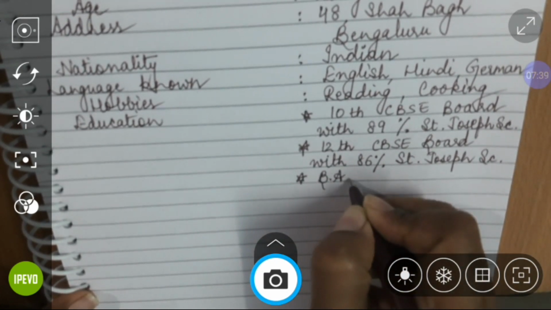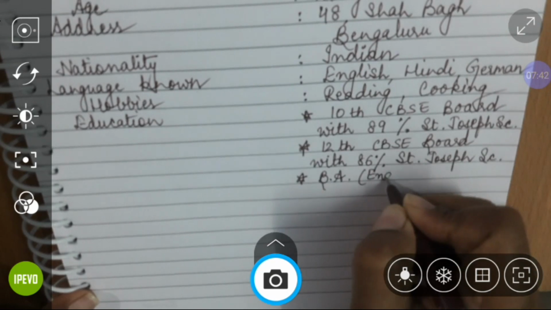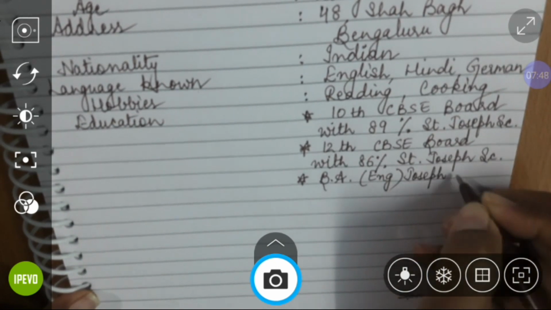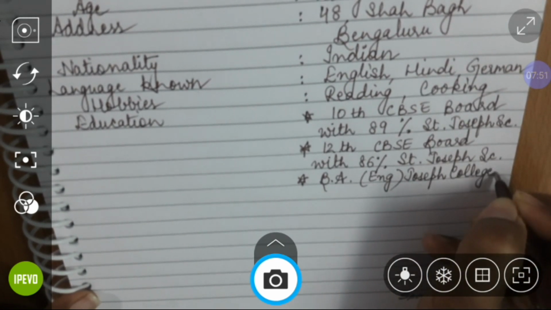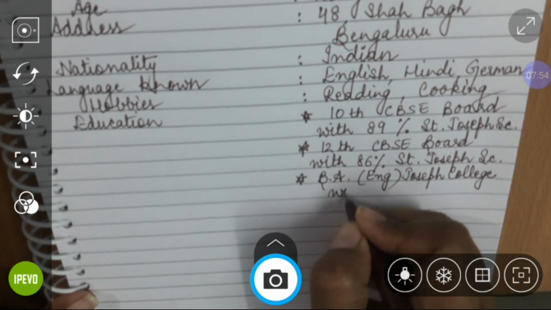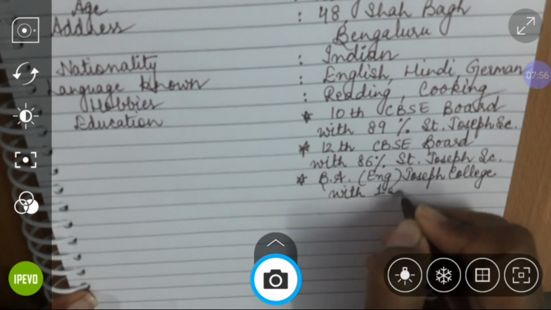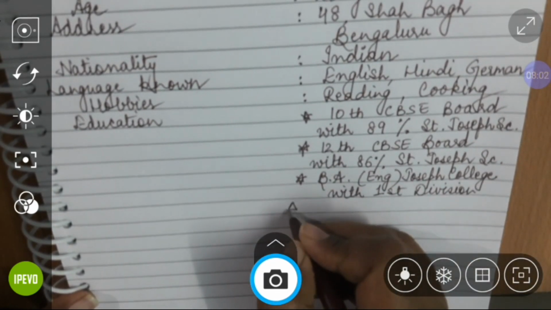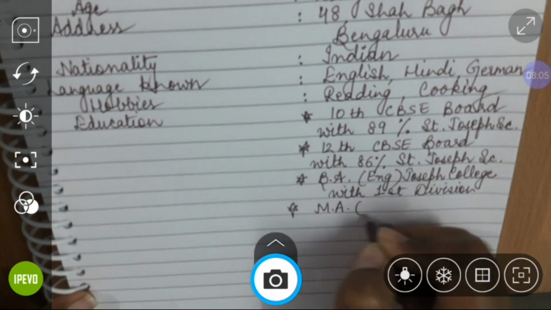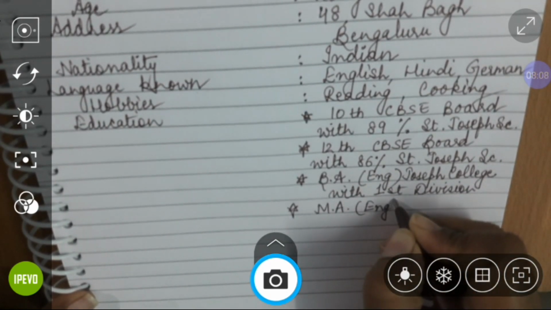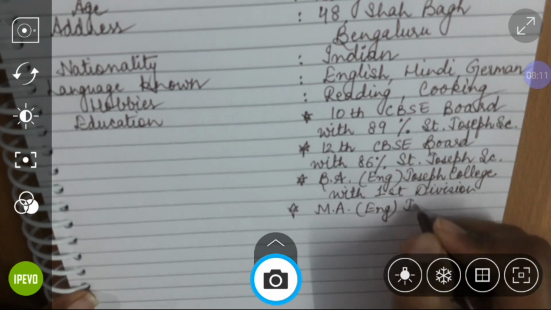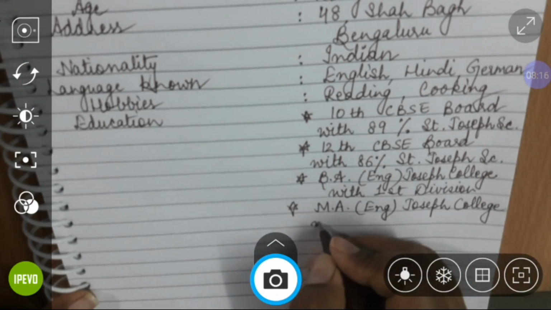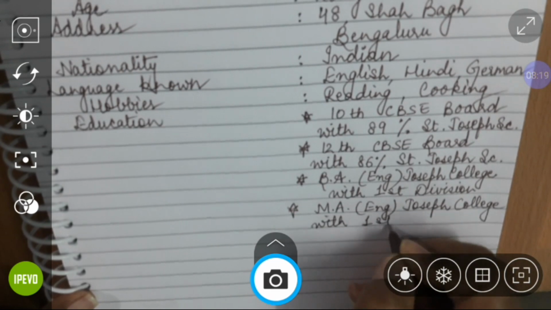Then your BA English, Joseph College, with first division, then your MA English, again Joseph College, you can write any other name, with first division.